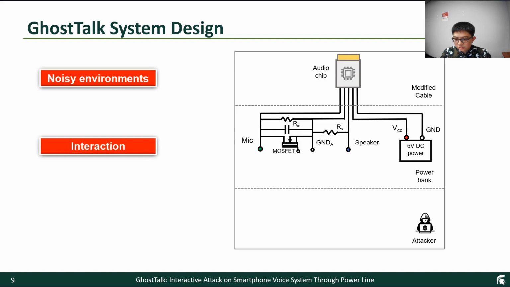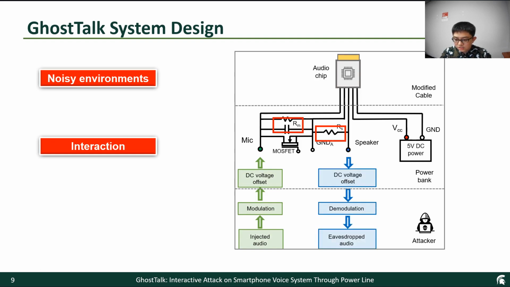Second, to achieve interactivity, we add two resistors to emulate the presence of a headphone. When the smartphone detects this fake headphone, it will not play audio through its loudspeakers. Then, the attacker can inject a modulated audio signal to the microphone cable and eavesdrop audio signal from the speaker cable.